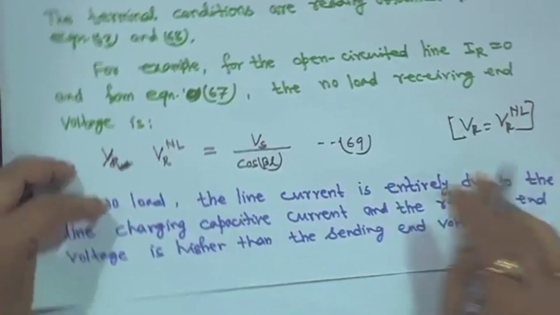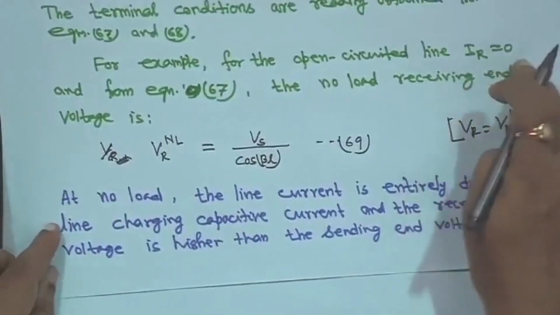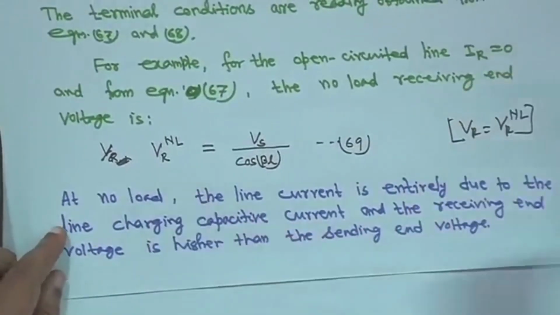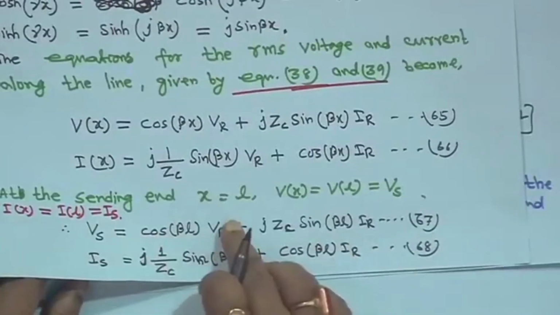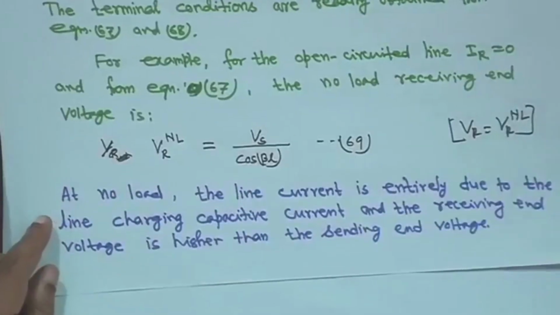I am not writing it here, but it is understandable that for an open circuit line I r is equal to 0 and V r is equal to V r no load.